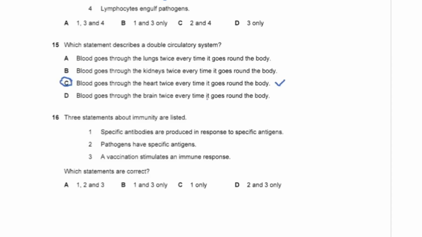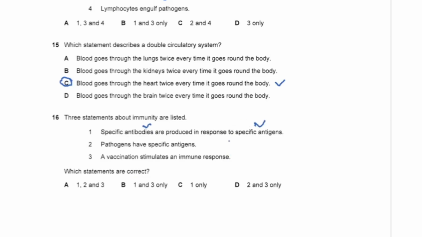Question number 16. 3 statements about immunity are listed. The first one is that specific antibodies are produced in response to specific antigens. The second one is that pathogens have specific antigens. And the third one is that a vaccination stimulates an immune response. Which statements are correct? Looking at it critically, specific antibodies, yes, produced in response to specific antigens. That's very correct. They need to have the same shape.